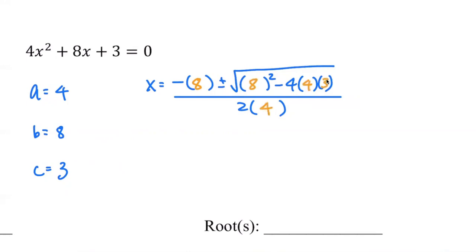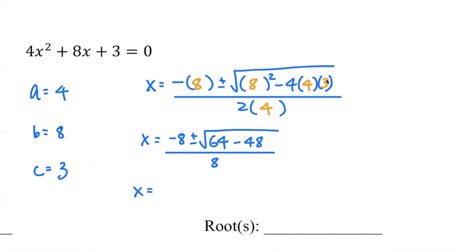Just double checking that you did your only job, substituting correctly. And then now you crunch the numbers, you make things simpler. What is this? 4 times 4, it's 16. 16 times 3, it's 48. And then over 8.